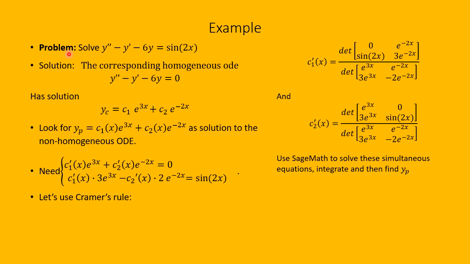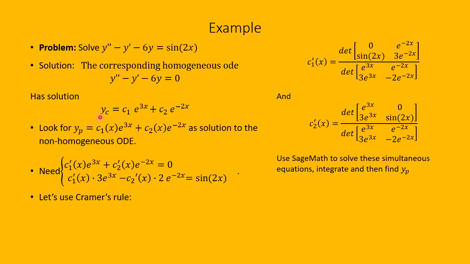So let's consider this problem. Solve the second derivative of y minus the first derivative of y minus 6y equals sine 2x. Okay, we'll start by looking at the corresponding homogeneous differential equation, and the characteristic equation is going to be r squared minus r minus 6 equals 0, and that factors into r minus 3 times r plus 2.